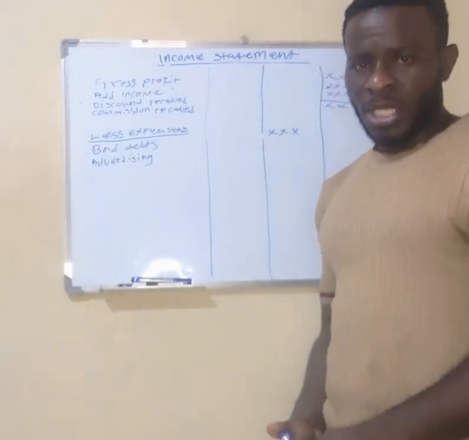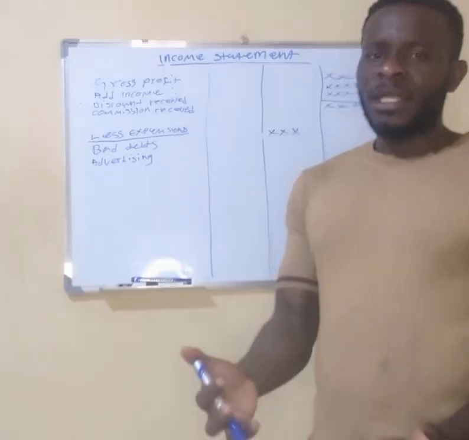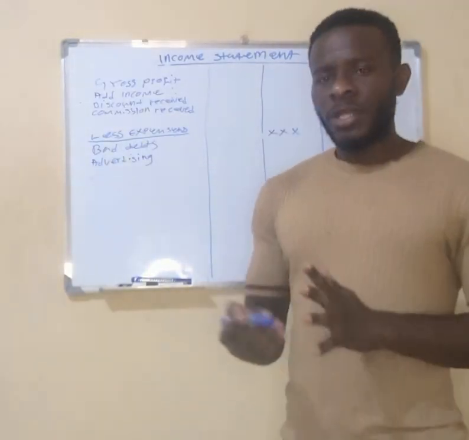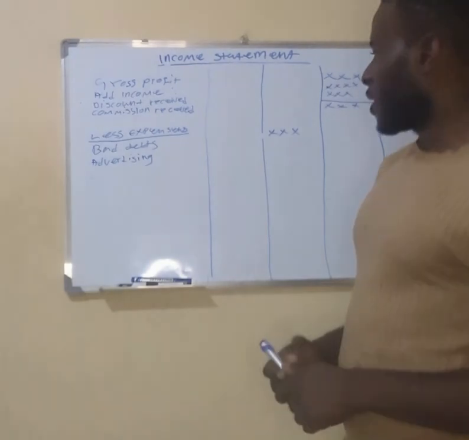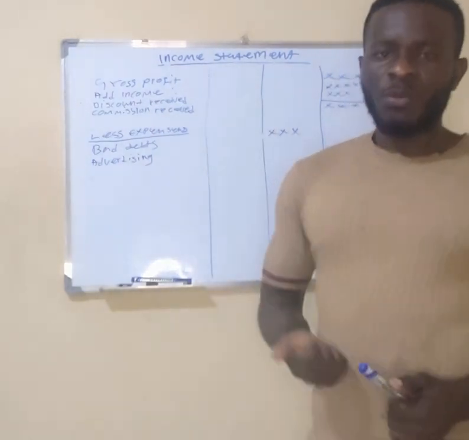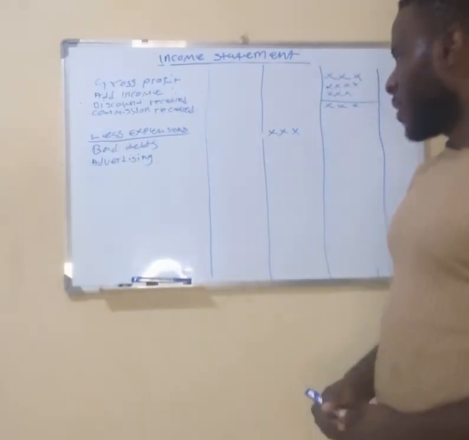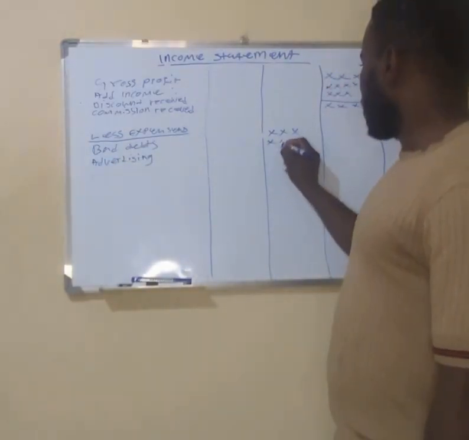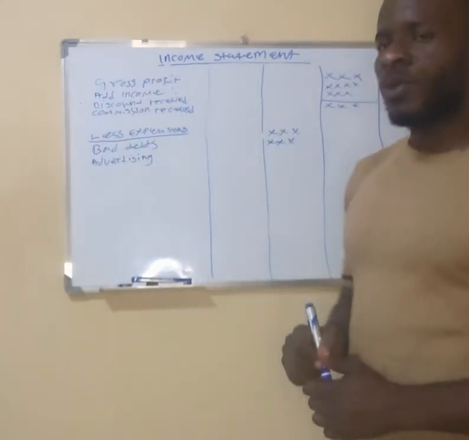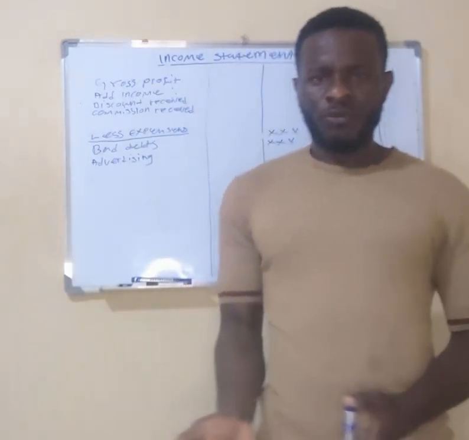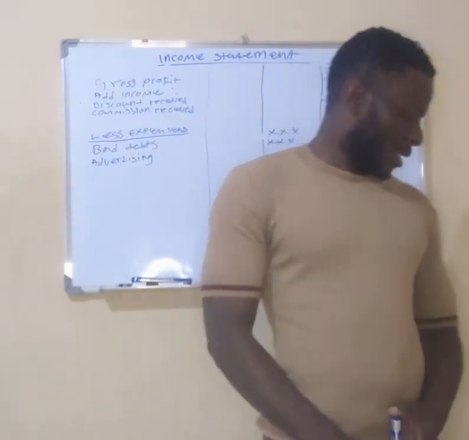They can't do that for free, they have to collect something in the form of cash. So the amount you use to pay that company is an expense, and it will be treated as an expense because it's a loss to the business. The other name for expenses is losses to the business.